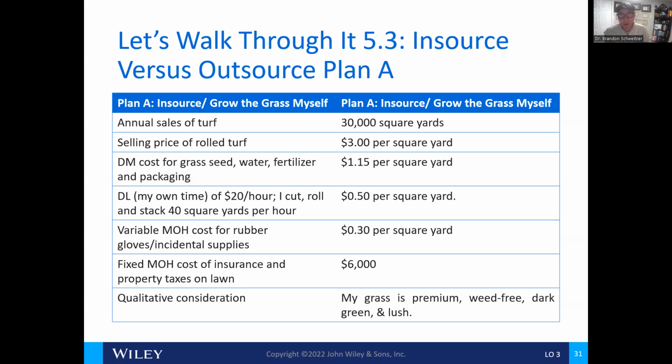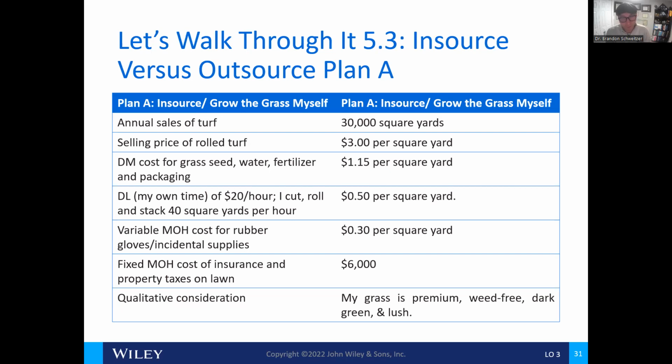We sell 30,000 square yards of turf on an annual basis. Our sales price is $3 per square yard. Our direct materials is $1.15 per square yard. Our direct labor is 50 cents per square yard.